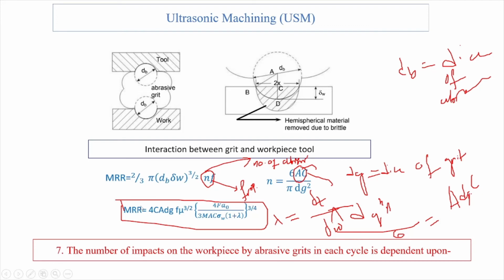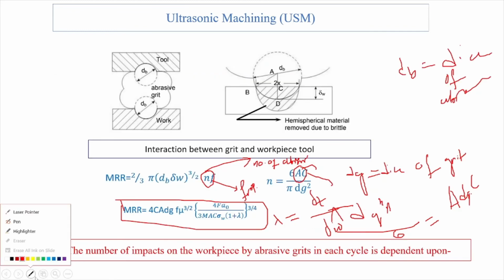We can say MRR is inversely proportional to delta W. If delta W increases, MRR decreases, and if delta W decreases, MRR increases. That is the relation between the maximum force, the impulse force on the tool and the workpiece, which is balanced. The total force we can also measure from the given equation.